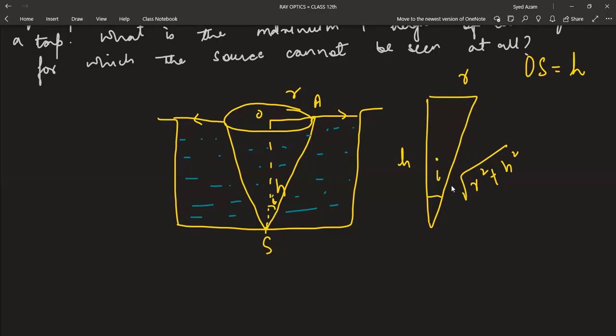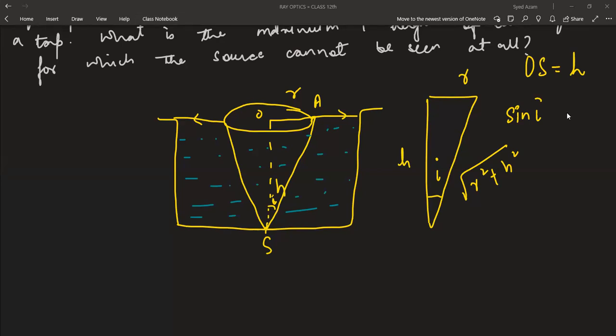Now can you at least tell me what will be sine I from this triangle? R by root r square plus h square.